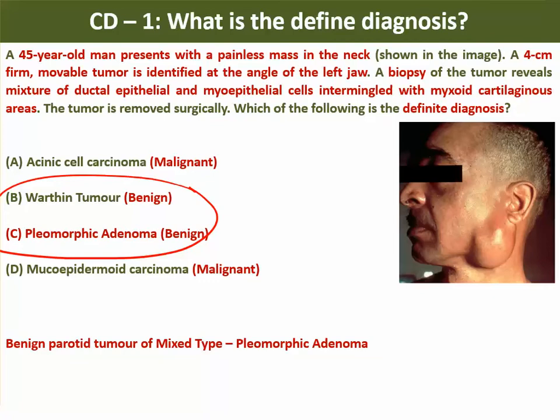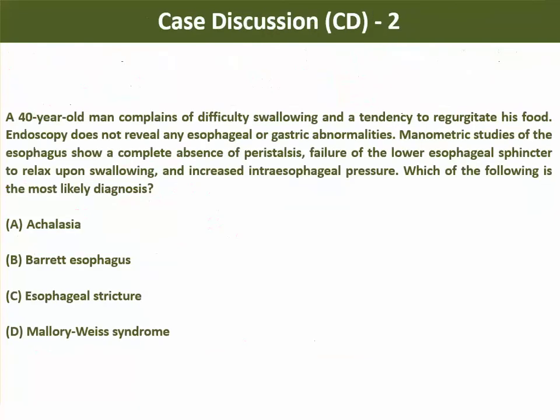Bottom will be full of lymphocytes. So it is totally two different morphologies. When you compare this morphology, it is a pleomorphic adenoma. Very straightforward case. So now let us go to the next case.